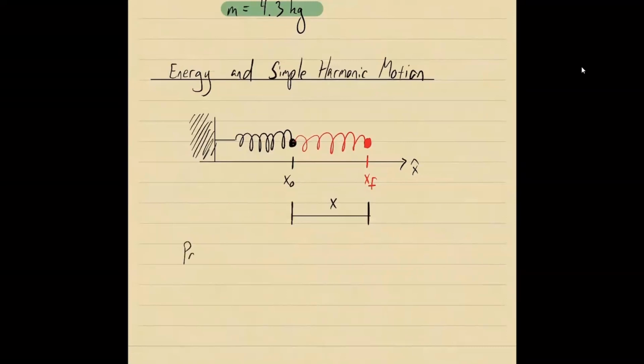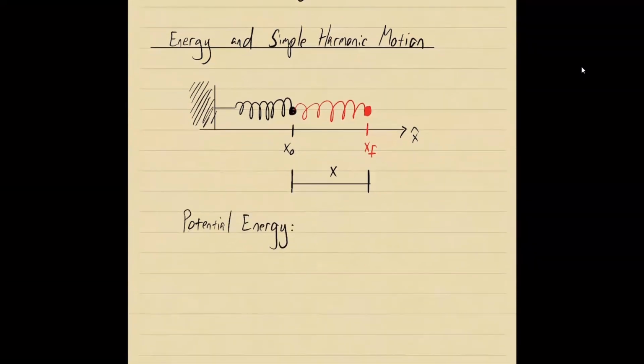that's going to give us some potential energy. It's actually going to give us a spring potential energy, so this is different from the gravitational potential energy. You can have both in a problem.